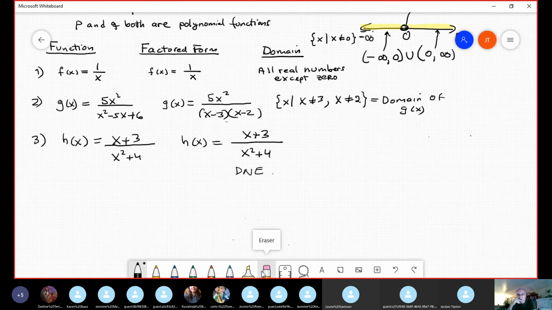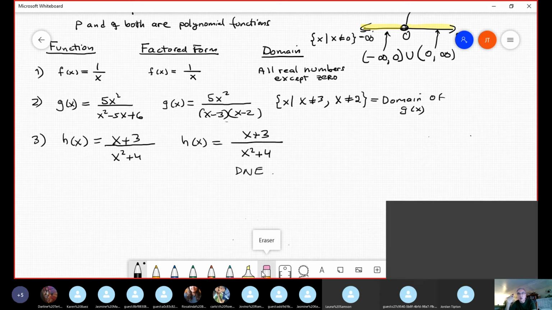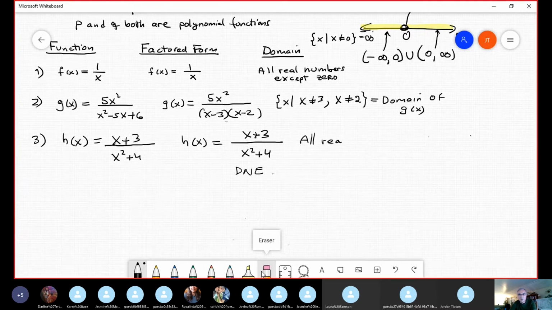In English: all real numbers, because there are no restrictions. If the professor asks in interval notation: from negative infinity to positive infinity, with parentheses. Super.